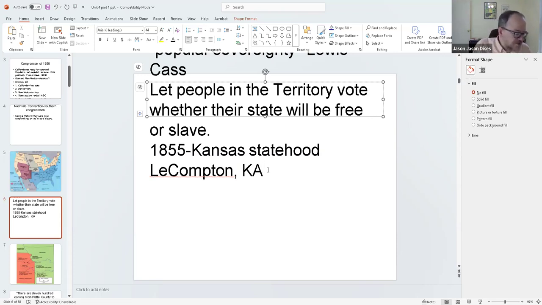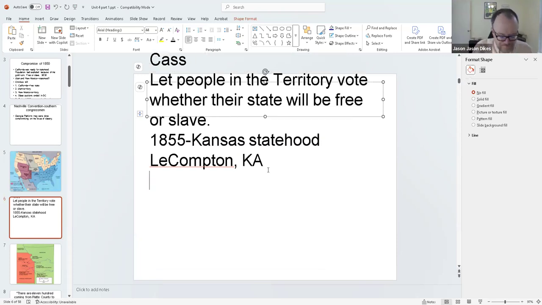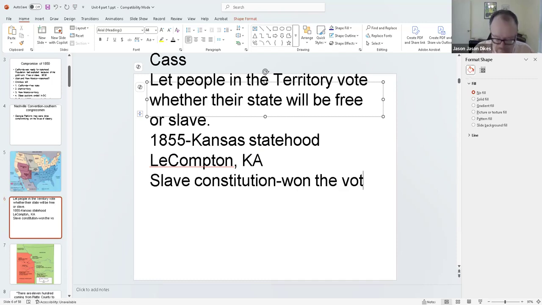The slave state constitution would have exempted non-slaveholders from public office, would have promised the death penalty for people who helped slaves escape, and so on. But on that day, the voters of Kansas picked the slave constitution.